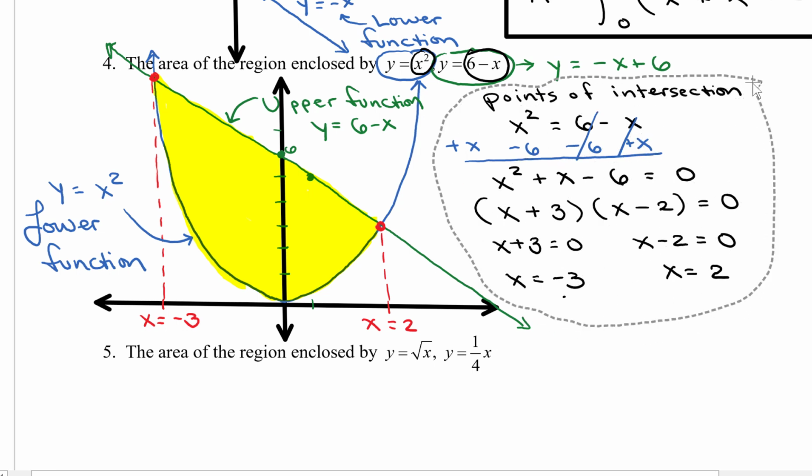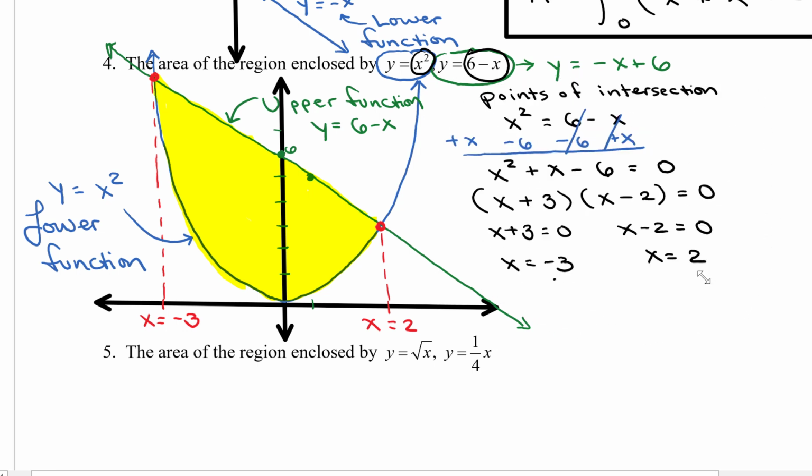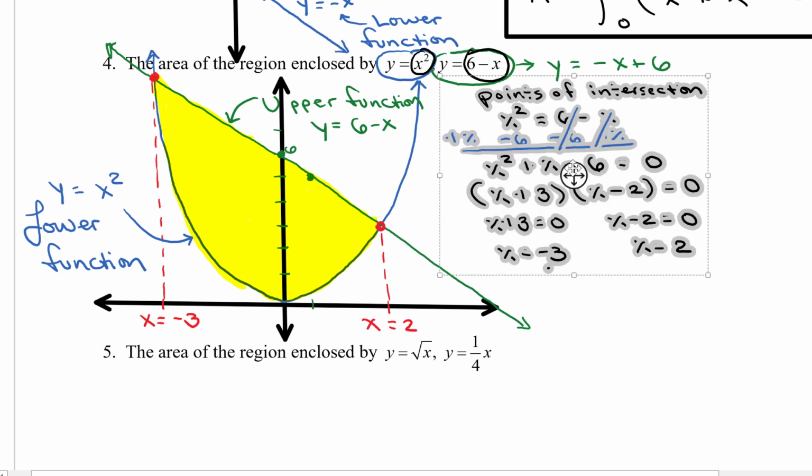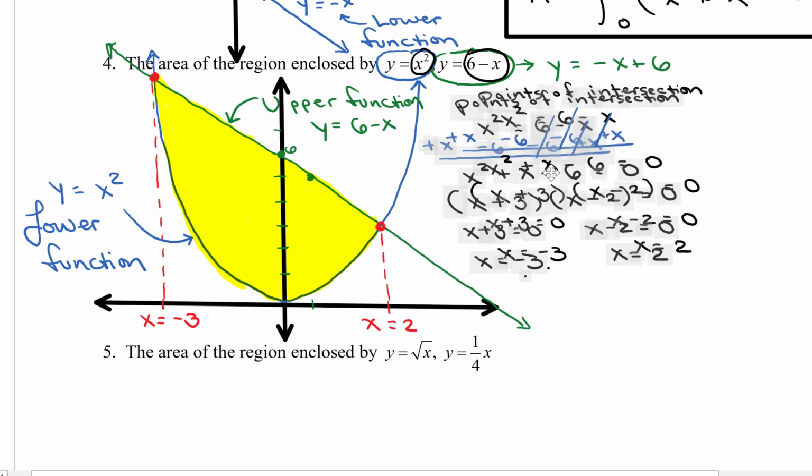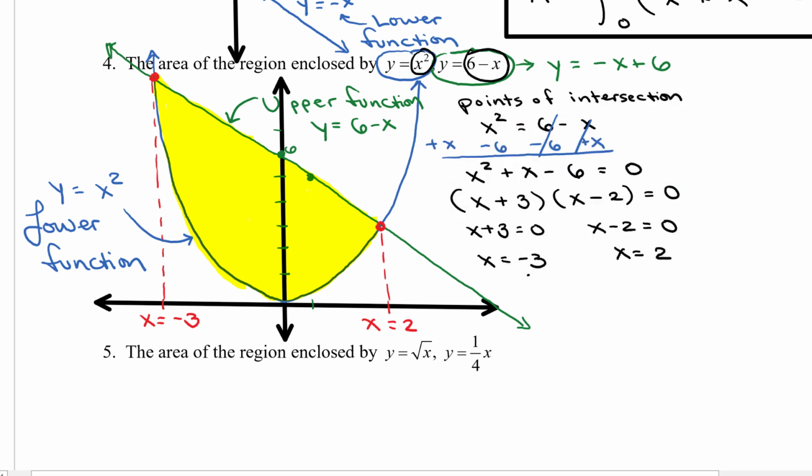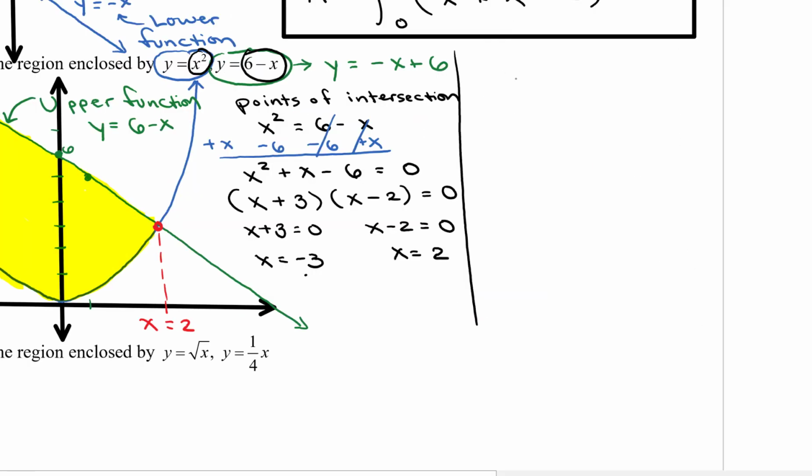I'm going to go ahead and take my work that I did here for my points of intersection. I'm going to make it smaller, and I'm going to move it so that I have more space to do my work. So I moved it slightly to the left. I drew a vertical line separating the work from my points of intersection, and now on the right hand side I'm writing A equals the definite integral from negative 3 to 2.